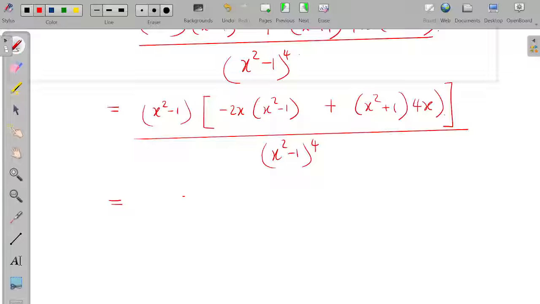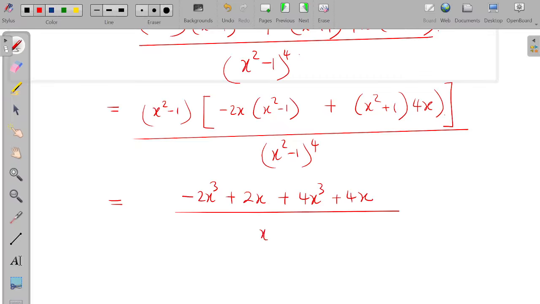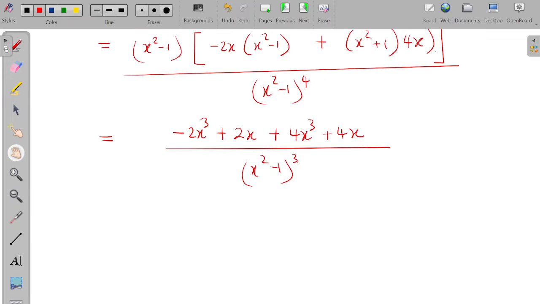This will now be giving us 2x cubed plus 2x, then plus 4x cubed plus 4x, all over x squared minus 1 raised to power 3, because we cancelled one of these.